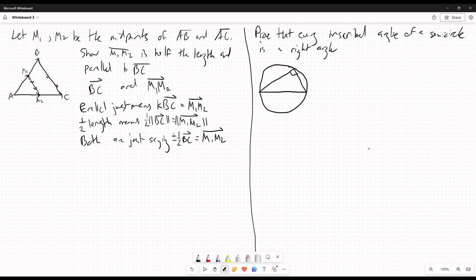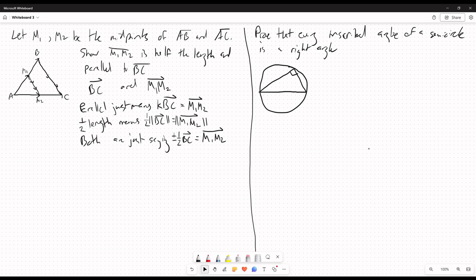Since it's multiplying by a scalar multiple, that tells us it's pointing in the same direction. And since that scalar multiple is 1/2, it's telling us that we've modified the magnitude by 1/2. The plus or minus just says that maybe they point in opposite directions, but they're still parallel. We drew it so that they're pointing in the same direction, so all is good there.